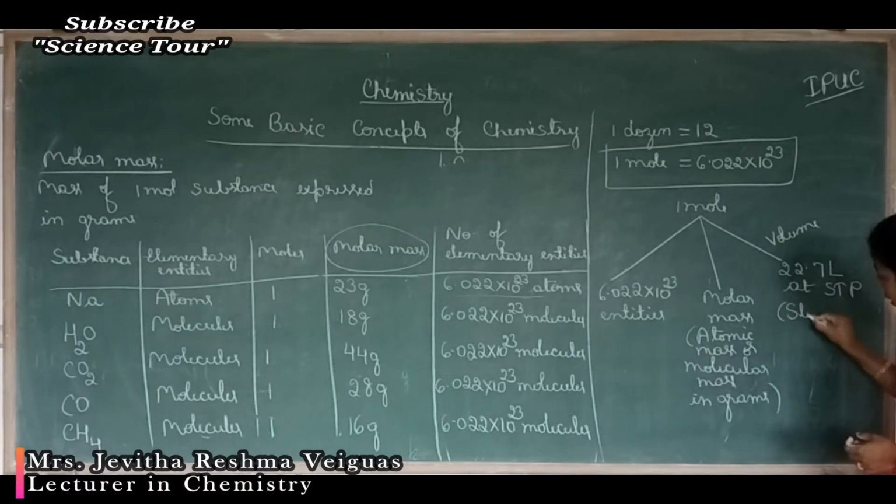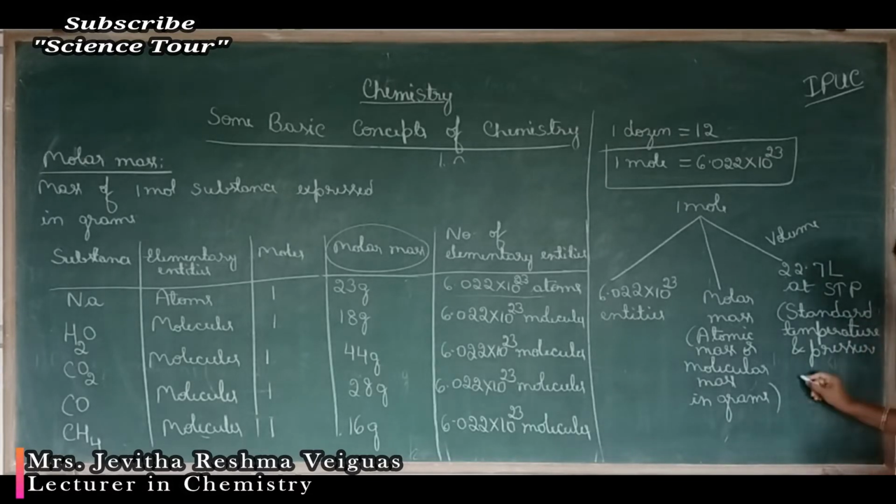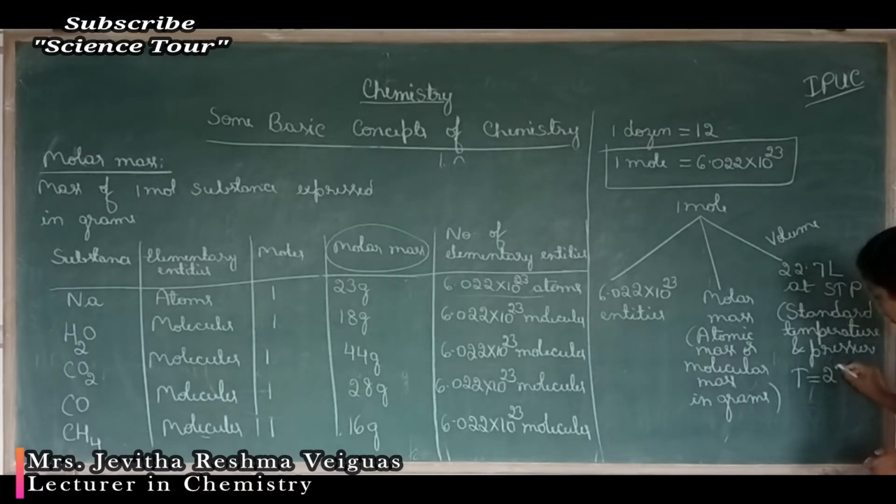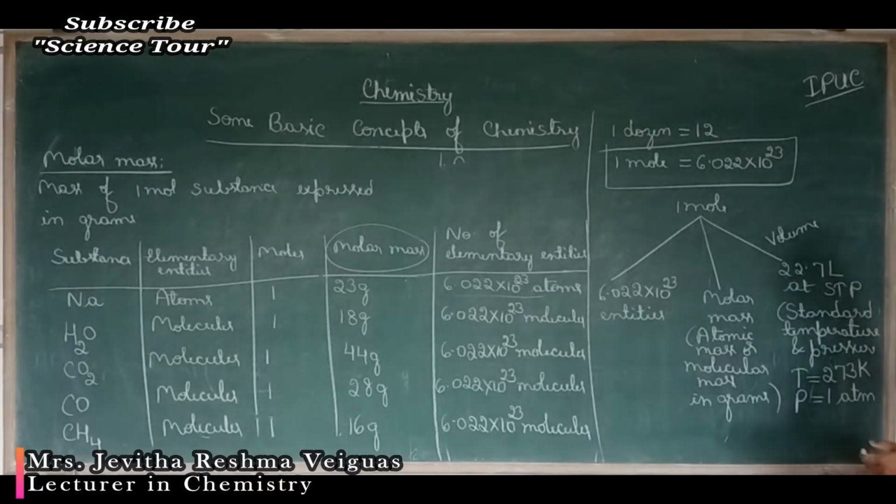STP is standard temperature and pressure. What is the value of standard temperature? Standard temperature is T, that is 273 Kelvin. Standard pressure is 1 atmospheric pressure or 1 bar pressure.